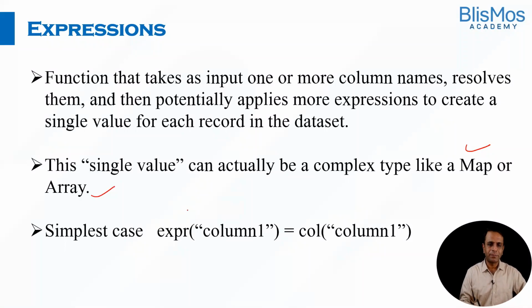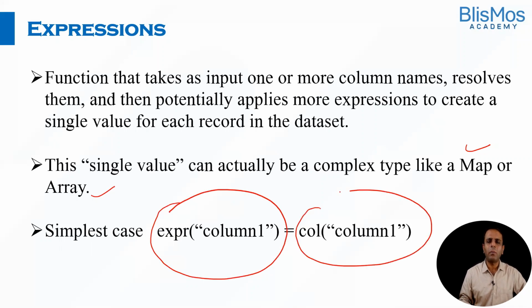If you look at this example, we are seeing that an expression of a column 1 can be referred to as a column 1. For example, column 1 is the column which we are referring to, and the way we are referring to that is expression of column 1 is equivalent to col of column 1. The point is expression is nothing but a col call, C-O-L.